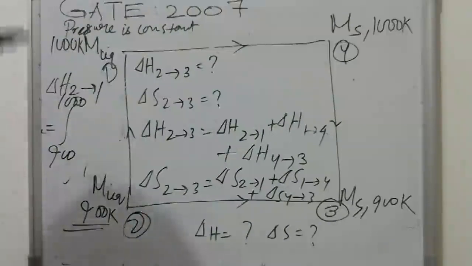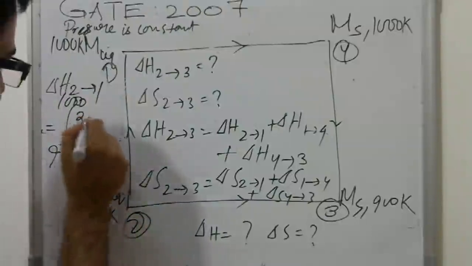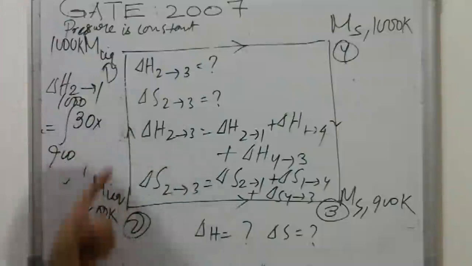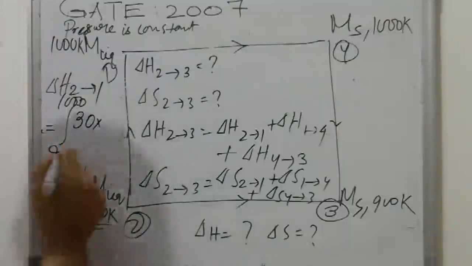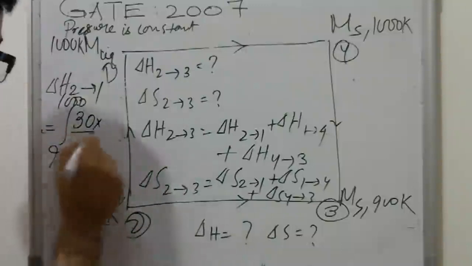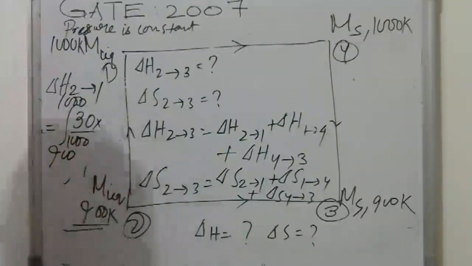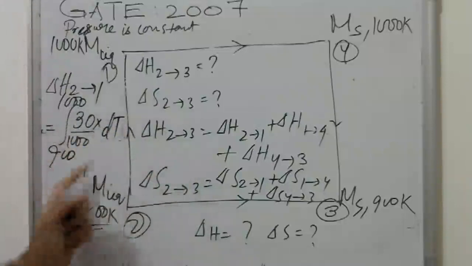But look at the unit, it's joule per Kelvin, right? So let's say 30 joule per Kelvin, it's in joule. So remember, this unit is very important. So if I need to do it in kilojoules, so I'll divide by 1000, right? Into dt. Okay, so this is the first part.